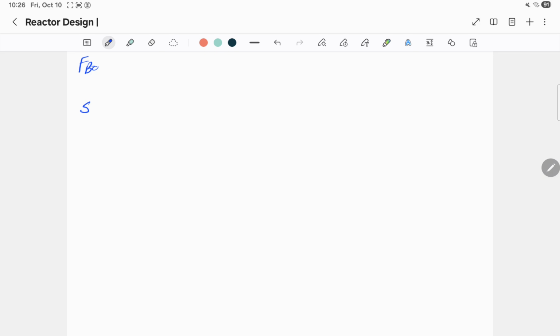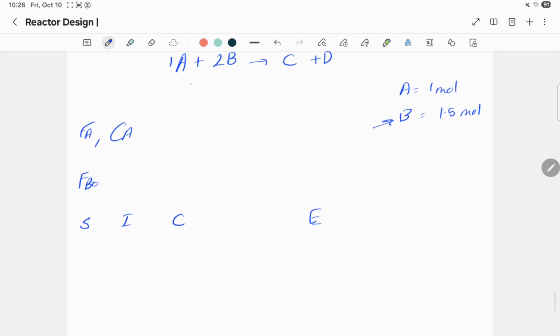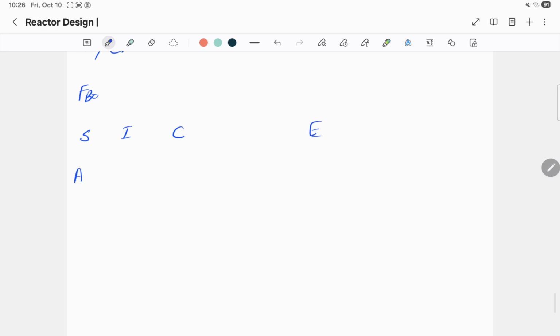So S, that's the column for substance, initial, changed or converted, and exit. For the substance, we're basically just listing the elements in our reaction. So it's A, B, C, and D.